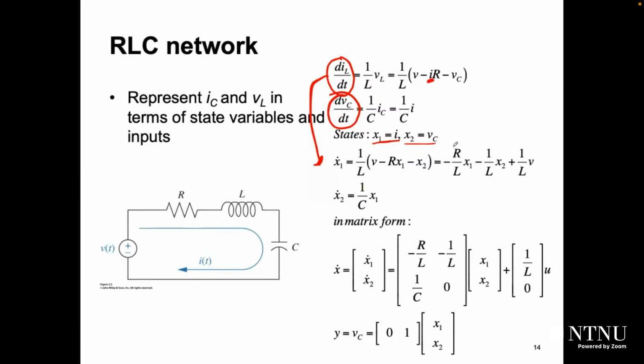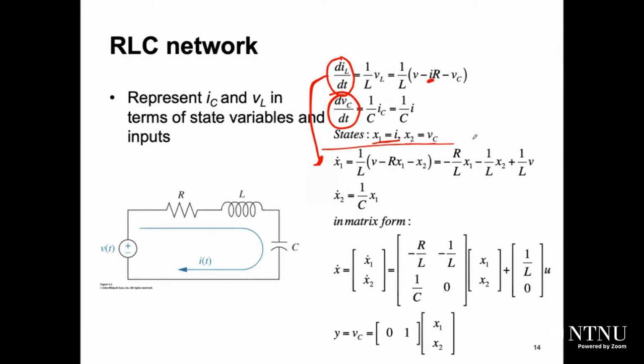So x1 dot equals minus R divided by L multiplied by x1 minus 1 divided by L multiplied by x2 plus 1 divided by L multiplied by V. And we will go to the second equation. You remember that the second state x2 equals VC, so just replace VC with x2. The left-hand side will be x2 dot equals 1 divided by C multiplied by I, and the I is x1. So it will be like this.